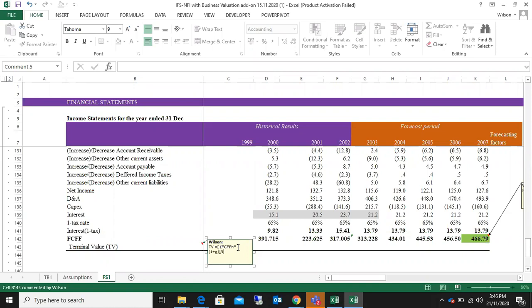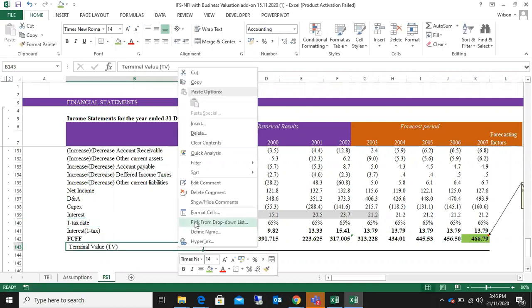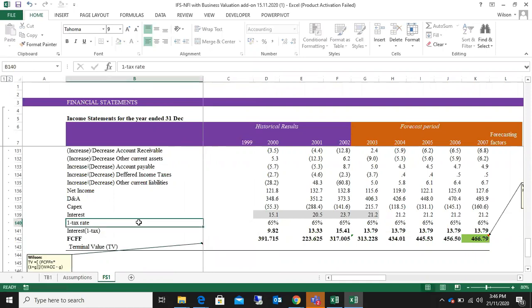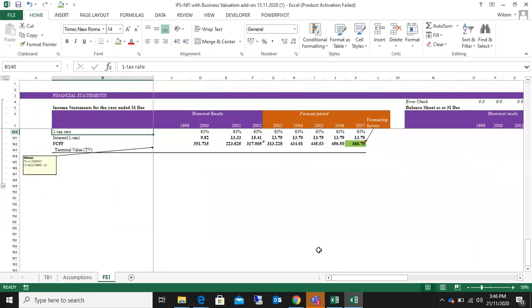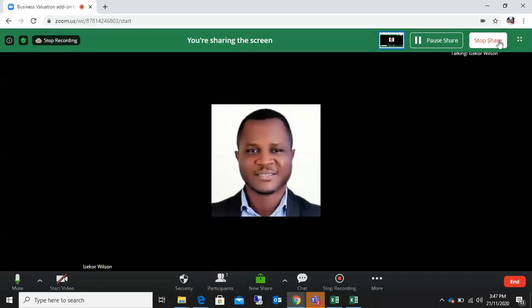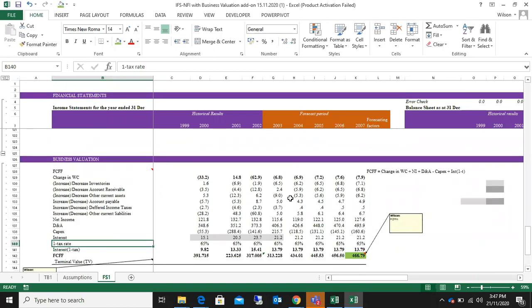You divide it by the weighted average cost of capital minus the growth rate. So that gives you your terminal value.